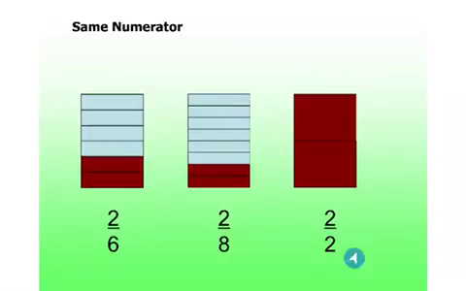So this one is the biggest, right? This one would be the second biggest, and this will be the third, because their whole parts are all the same size. It's just they have a different part of the fraction piece that they have shaded in. So each of them is denoting a different size, right, kiddos?